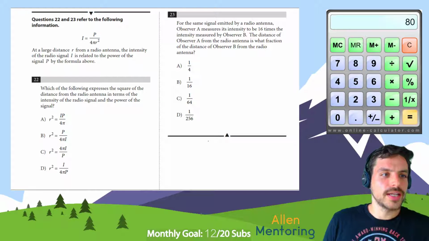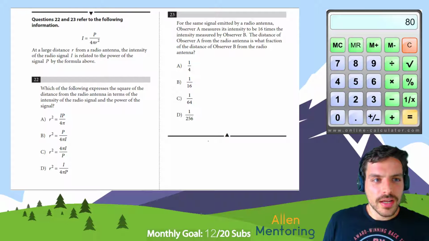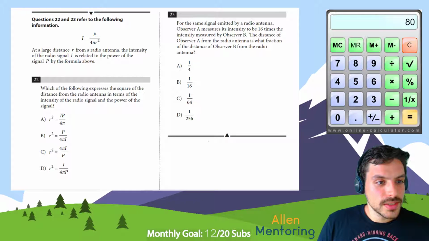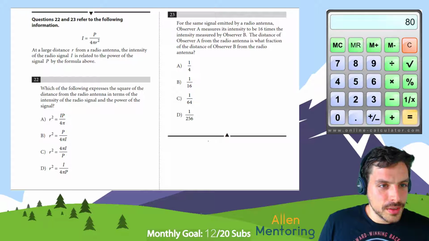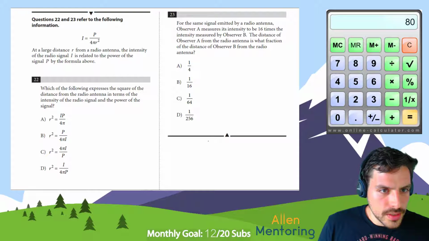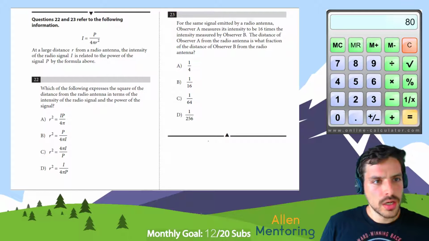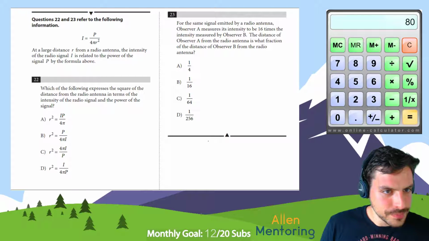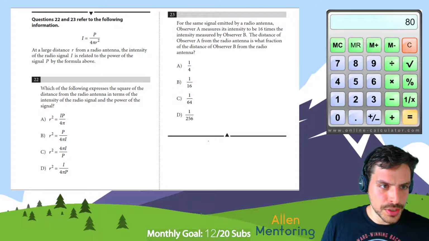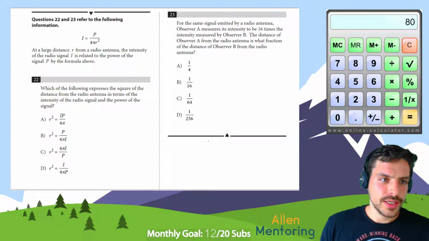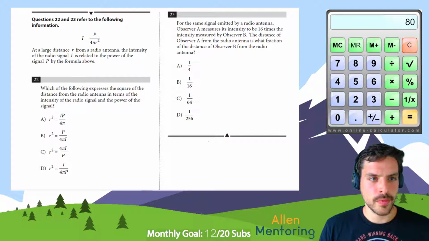All right, enough marketing. We're going to number 22. So we see we have a formula here for intensity I, and that's related to P over 4 pi r squared, where P is power. Okay, and r is a large distance from a radio antenna.